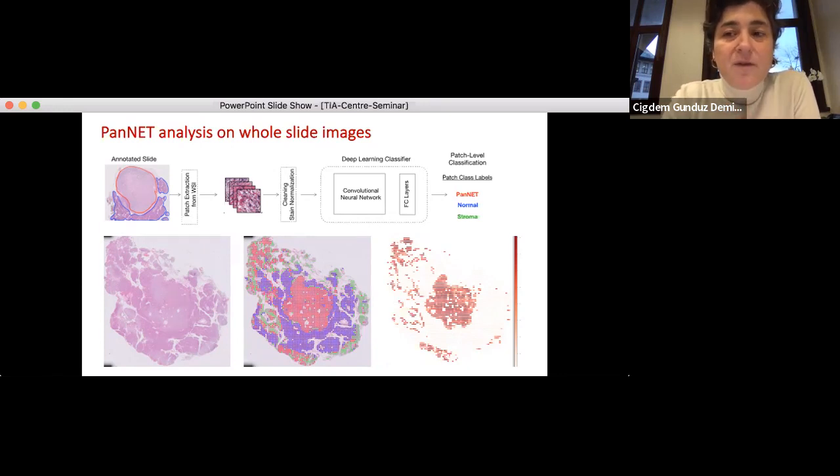Our pathologists found it very promising. We are now in the process of making new convolutional neural network designs to make this classification more accurate. Then we will continue with some cell segmentation and cell characterization studies on the identified regions.